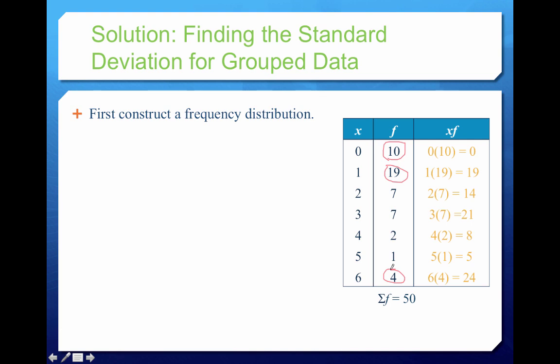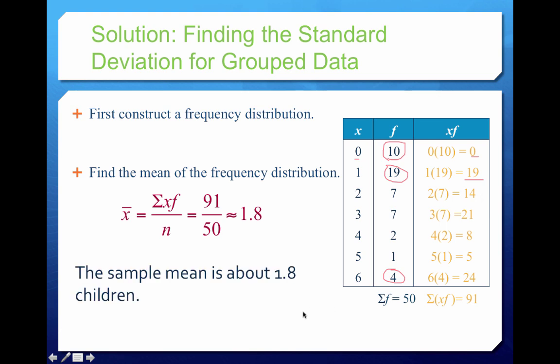Now what we want to do is multiply the number of children in the house with the frequency. So we multiply 0 times 10 to get 0, and 1 times 19 to get 19. In other words, we're multiplying the data entry with the frequency.